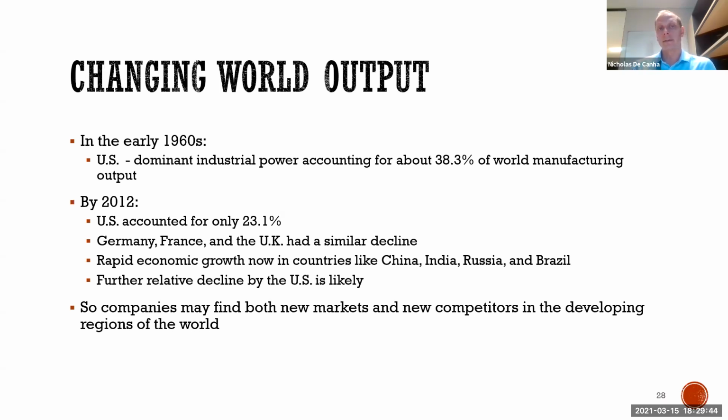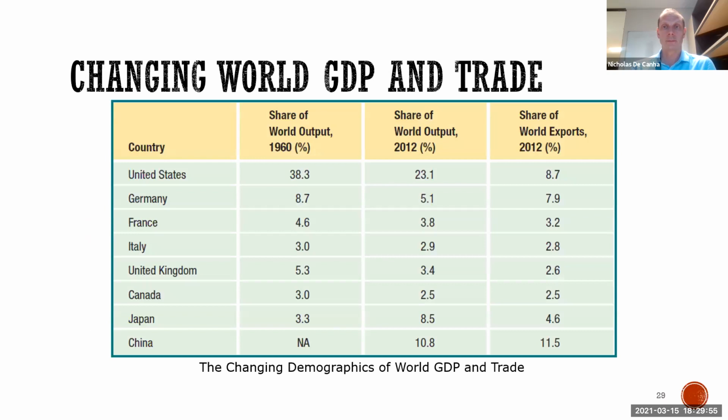Nonetheless, globalization, broadly speaking, has allowed a lot more countries to perform a lot better than what they would have done alone. Here you can see just what that looks like, and you can see this kind of one third reduction by the so-called developed economies over that 60-year period.